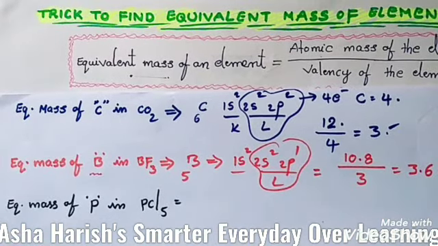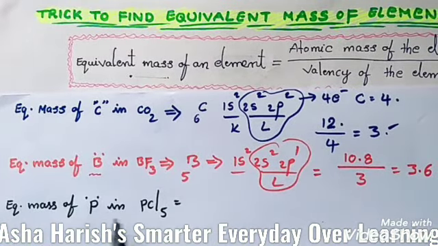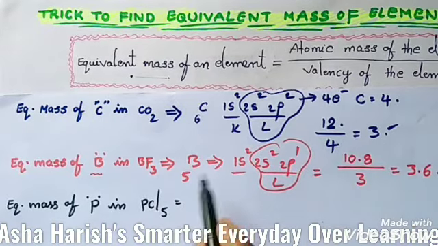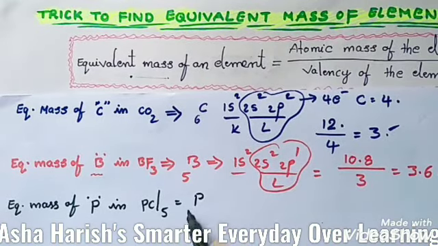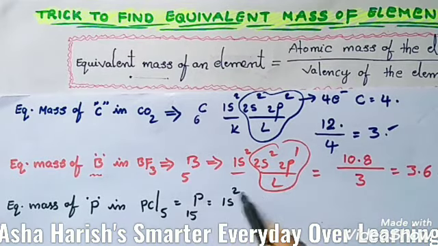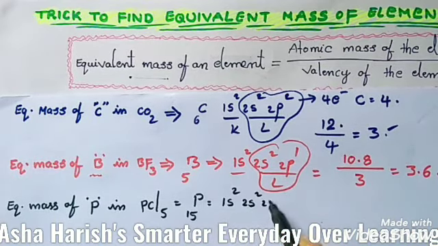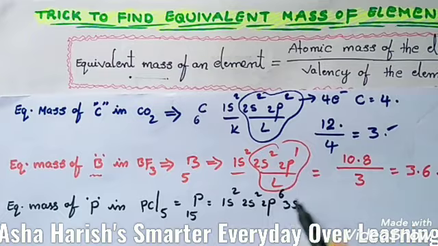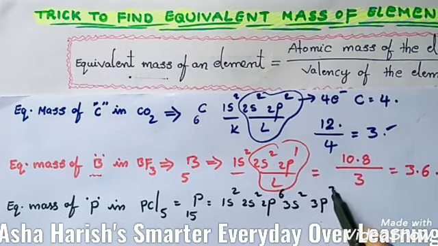In the next example, what is the equivalent mass of phosphorus in PCl5, phosphorus pentachloride? The central atom is phosphorus, with atomic number 15. The electronic configuration is 1s2, 2s2, 2p6, 3s2, 3p3.